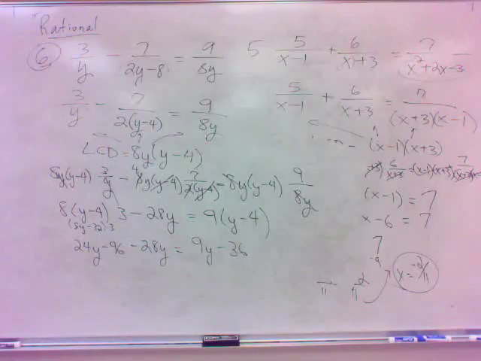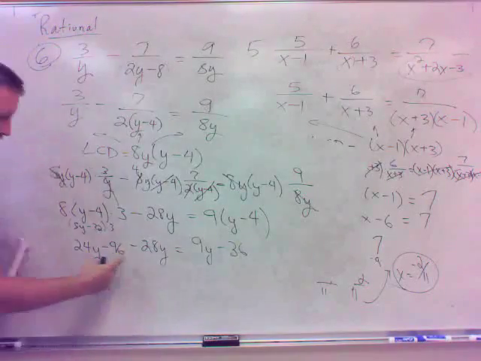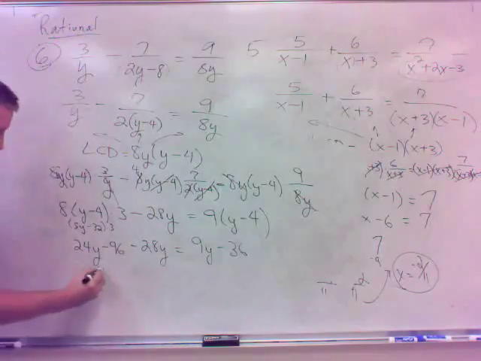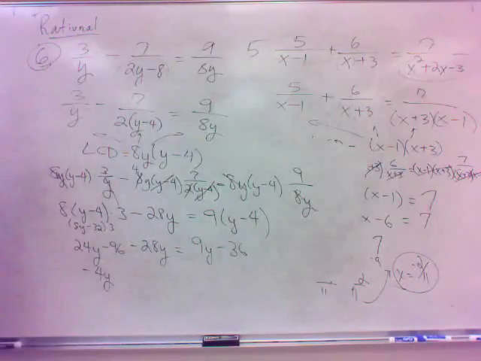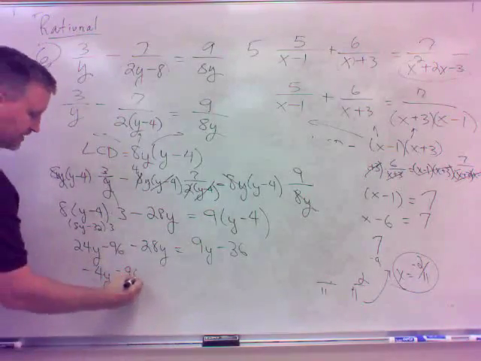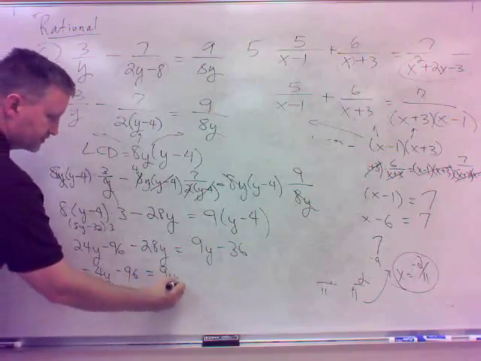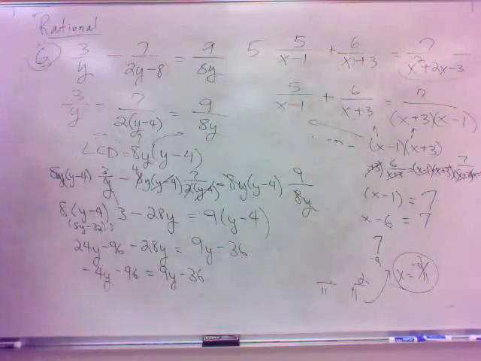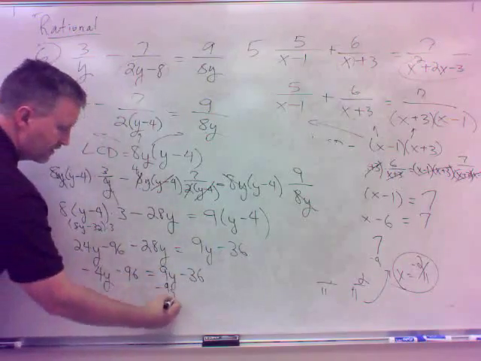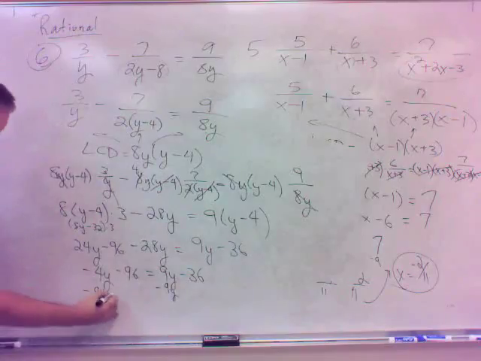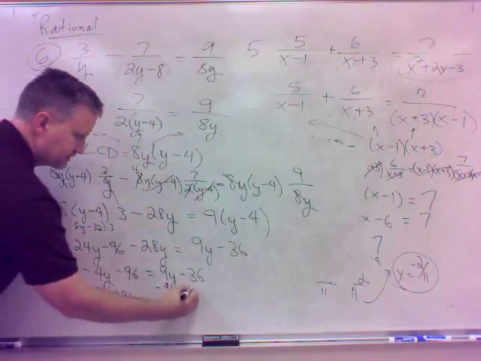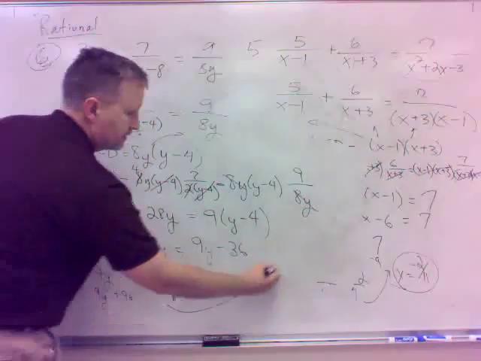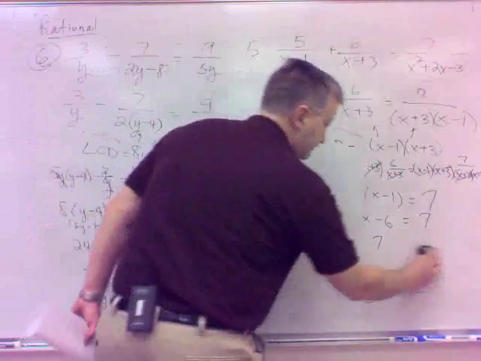So finally here, we have an equation to solve. 24 minus 28 is minus 4y, minus 96. It's 9y minus 36, so I'm going to subtract my 9y, add 96. And here's what I'm going to get.